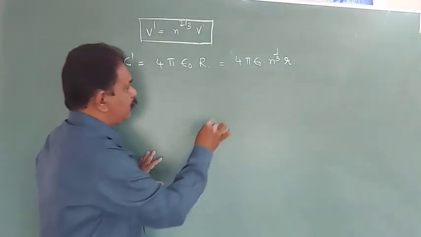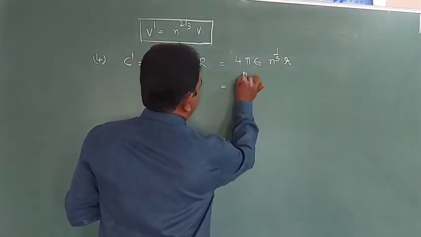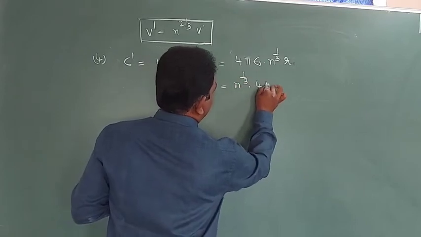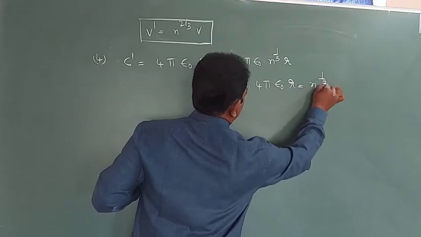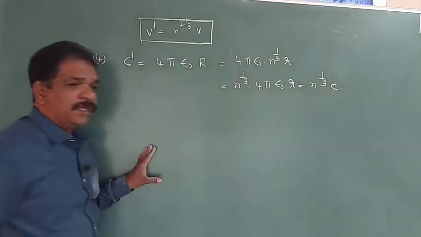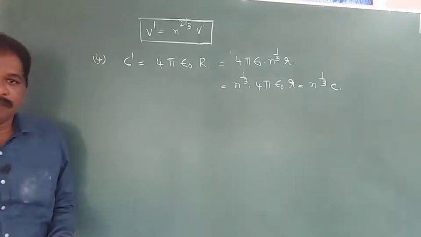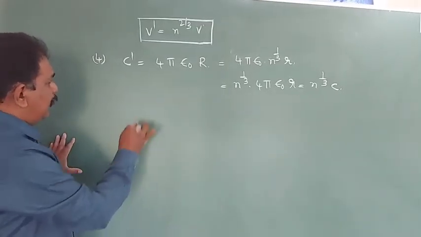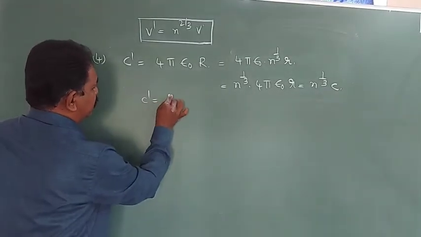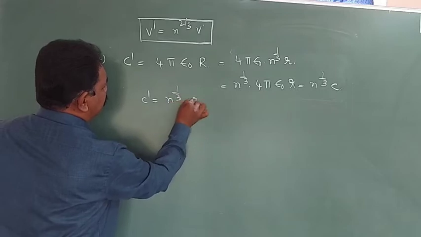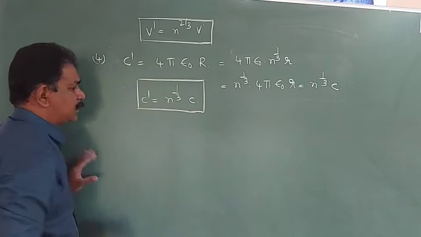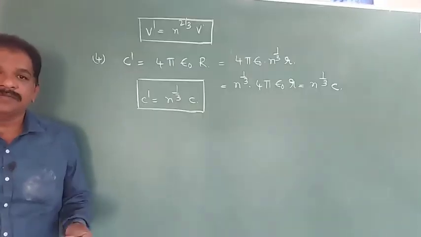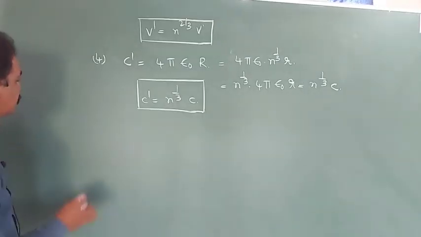So this is equal to n power 1 by 3 into 4 pi epsilon naught small r. This is n power 1 by 3 into c. So the relation between the capacities is C dash equals n power 1 by 3 into c. This is capacity.